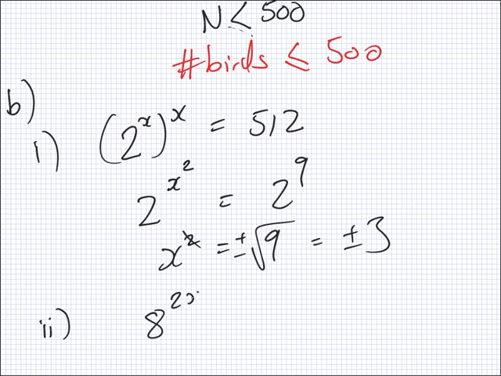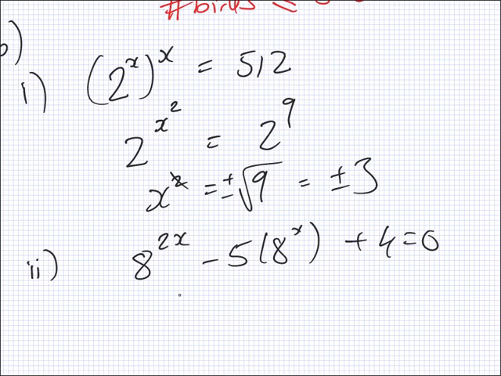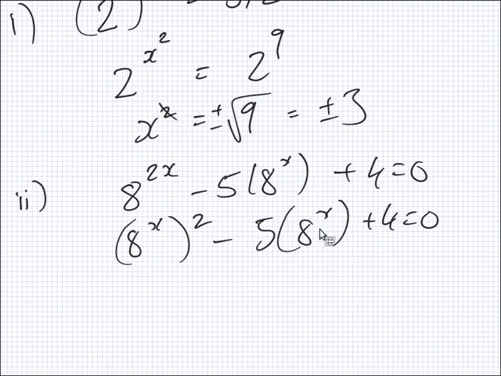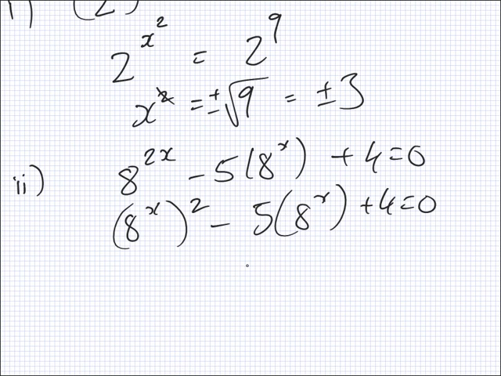Part 2. 8 to the power 2x minus 5 times 8 to the power x plus 4 equals 0. That is, (8^x)^2 minus 5 times 8^x plus 4 equals 0. What type of equation is this? It is quadratic and the variable is 8^x. So we'll go with (8^x minus 4)(8^x minus 1) equals 0.